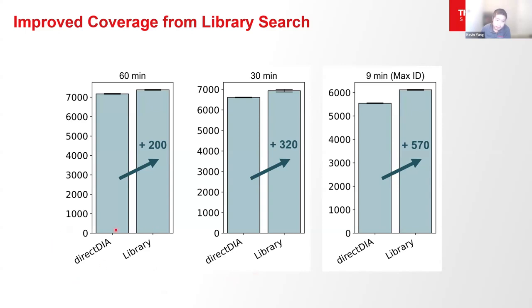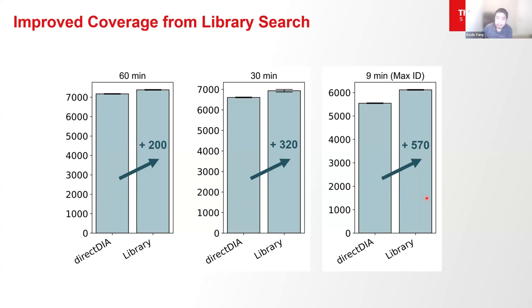Compared to direct DIA search, you can see that with the library, you can get even more proteins identified and quantified. Another thing I like to point out for library search, if you have not done it before, is it takes way shorter time to complete a search. So instead of a couple hours to complete a direct DIA search, it only takes like 20, 30 minutes to complete a search. So it saves a lot of time.